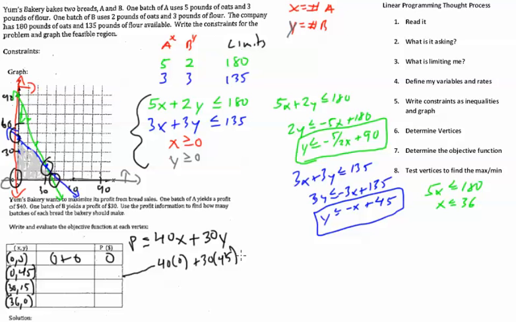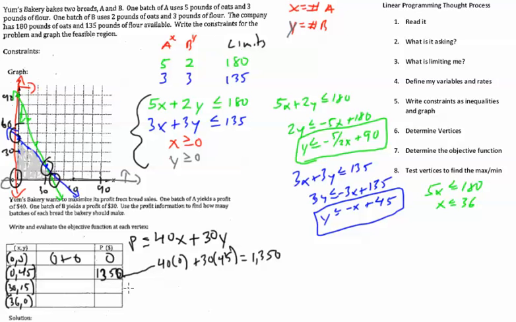Well, that's 0 plus 30 times 45, which is going to be 1,350. So 1,350 is my profit for 0 batches of A and 45 batches of B.